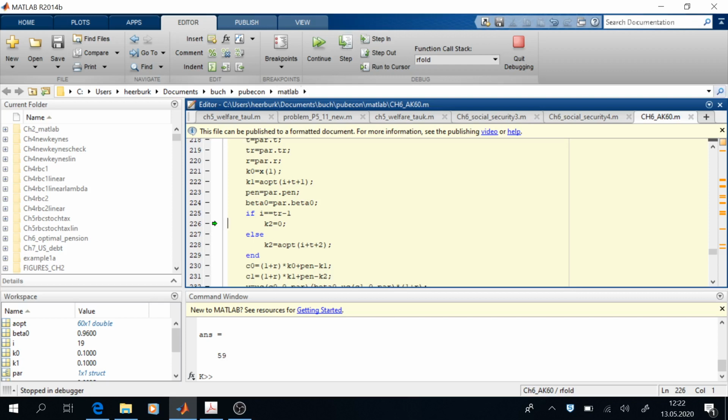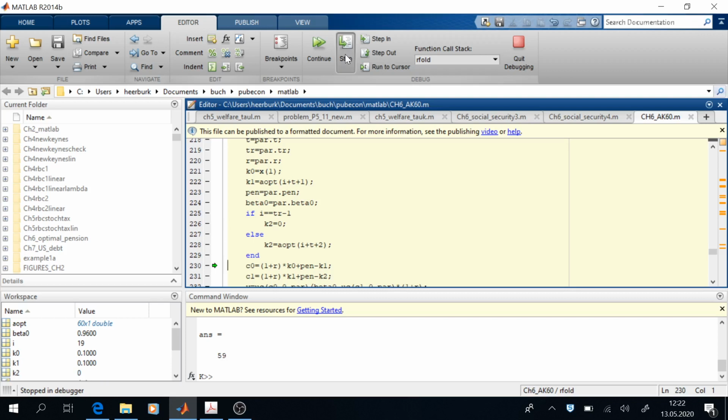Now here we may have to distinguish between the last period of the household and periods before this period. If I'm 59 years old, I know that I will die in 2 years, and then my capital stock, or my wealth level at age 61 in 2 periods, will only be 0.